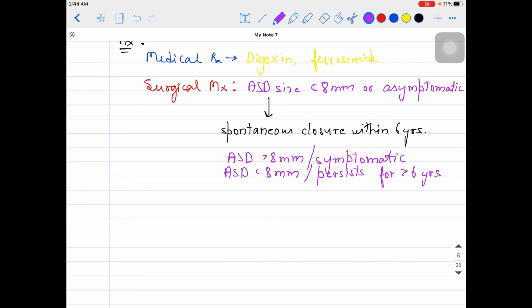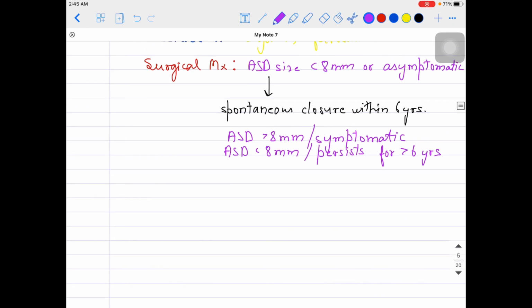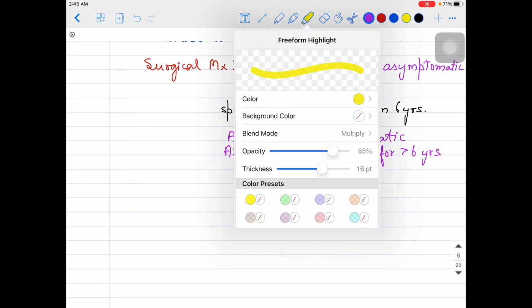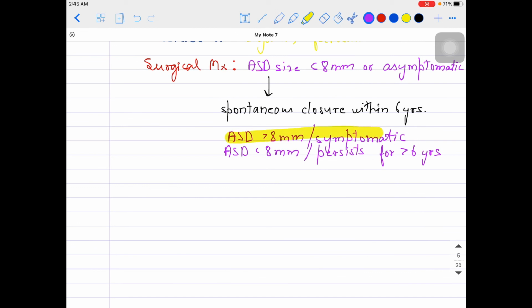Remember, if it had to close spontaneously, it could have closed in less than 6 years, but if it is persisting more than 6 years, then we need to think of surgery. Then in these cases we will be thinking of intervening, we'll be thinking of surgery in these scenarios only.